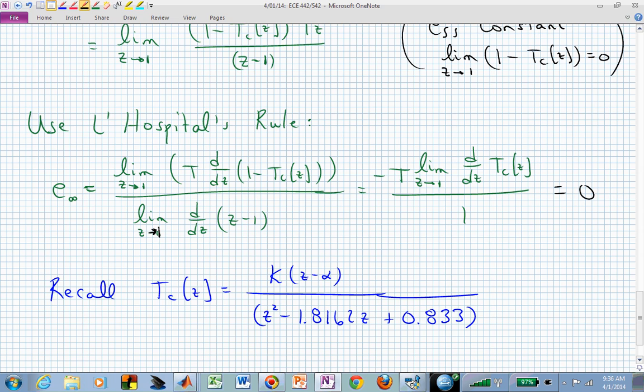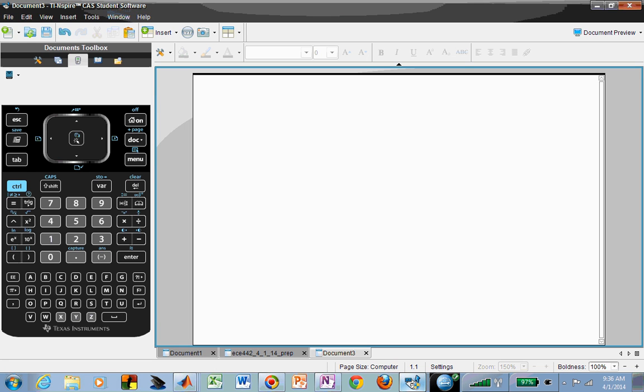In fact, it's going to be alpha that we will find is the variable that will force our ramp steady state error to be 0. Now, I could differentiate that manually, but I thought it might be fun to do that with the calculator. So let's see if we can differentiate that with the calculator.